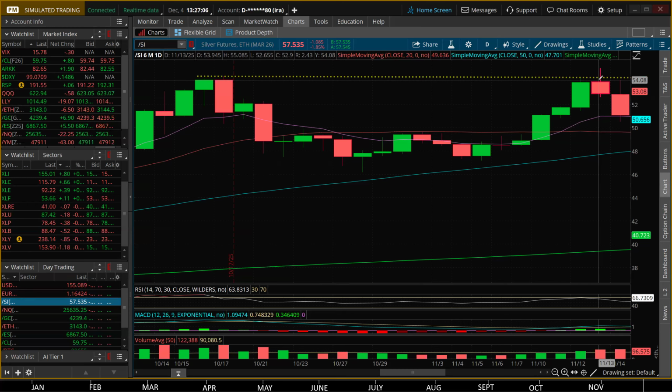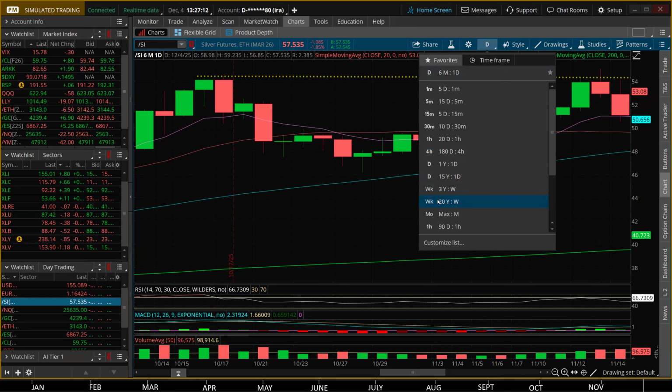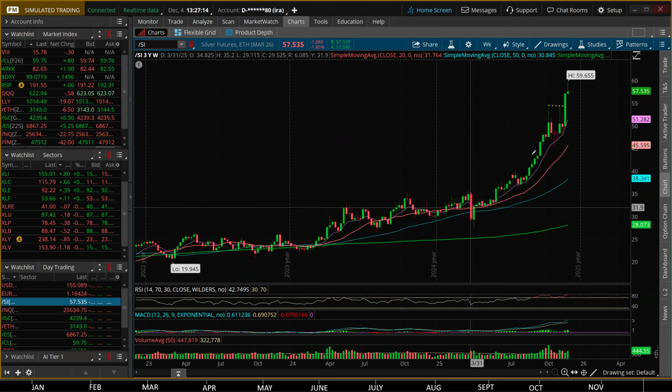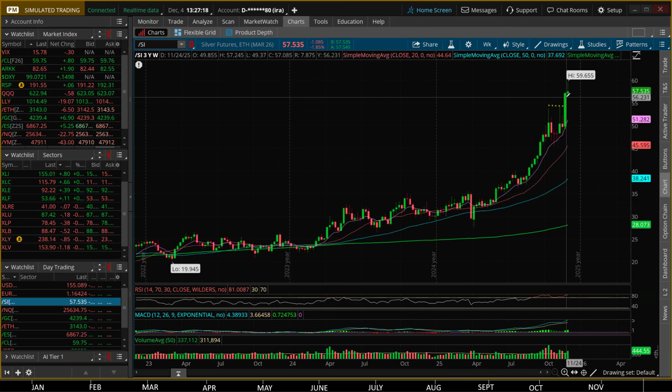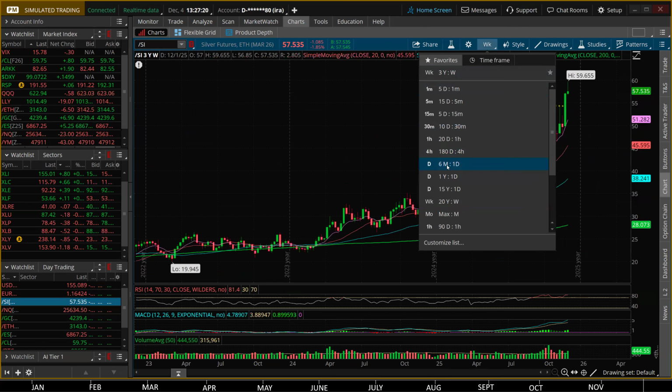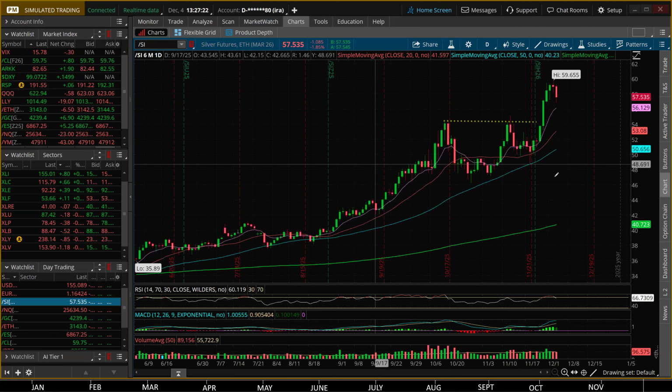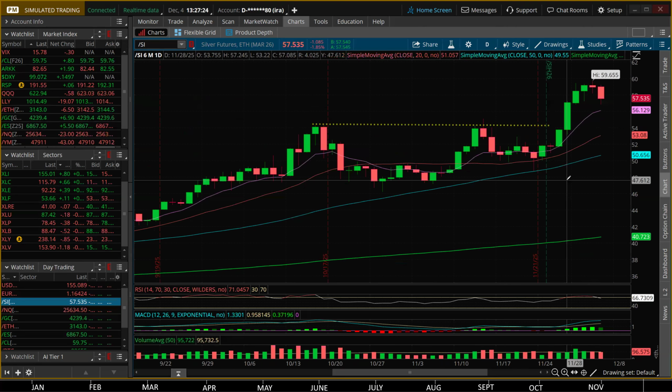You can't prematurely say that simply because a resistance level holds in a daily uptrend, look at the consistency of the weekly uptrend. This is a consistent uptrend that is awesome. And so, no, resistance holding does not mean it's going to reverse. Resistance holding only means the end of the trend, that you have the end of the previous trend.